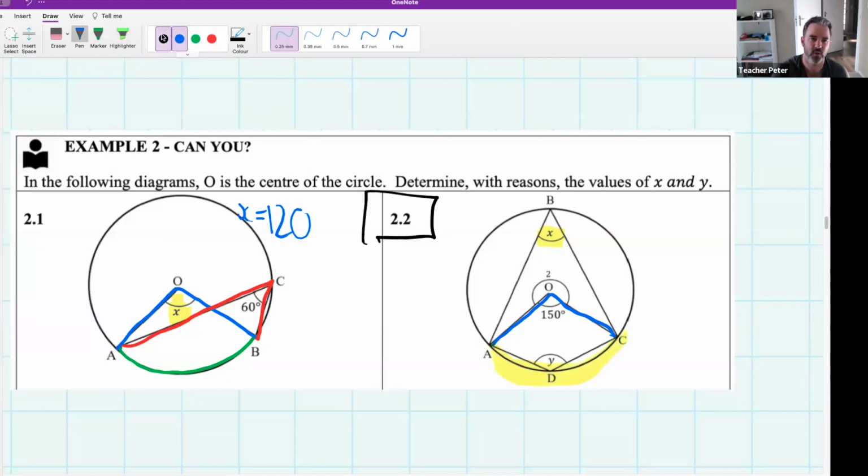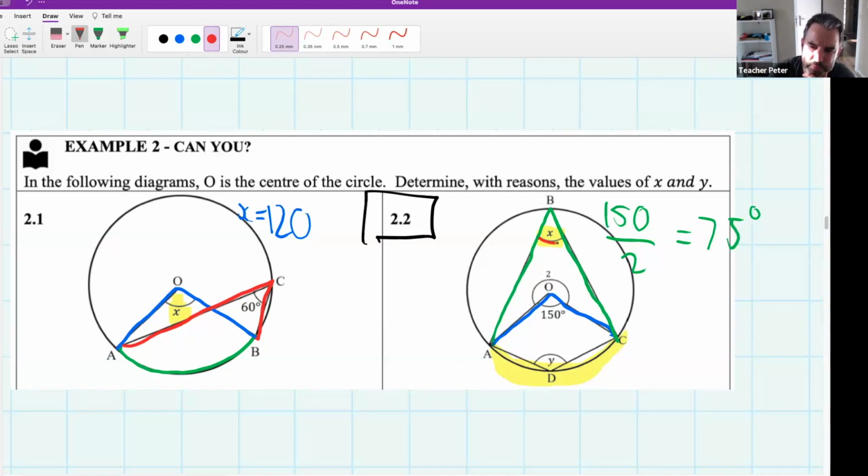But then we also have to get the angle X at the top, and that angle X at the top is at the circumference. So I'm going to take 150, which is the angle at the center, and I'm going to halve it, and I should get 75 degrees for this X over here.